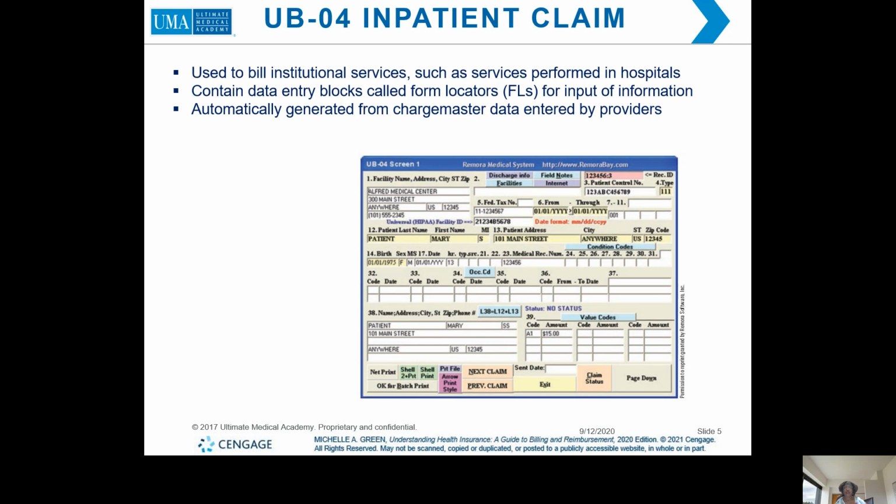The charge master is where the encounter information is put once the patient sees the provider. And so that information from the charge master would automatically be put into the electronic UB04. Okay. And then, of course, as the biller or the coder, they would go in and they would look at this information, make sure it's appropriate and correct.